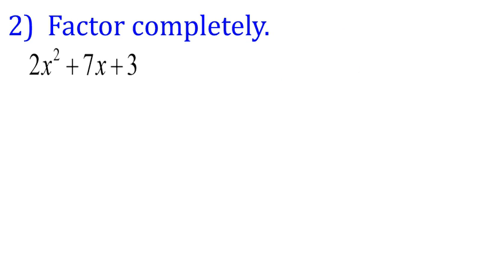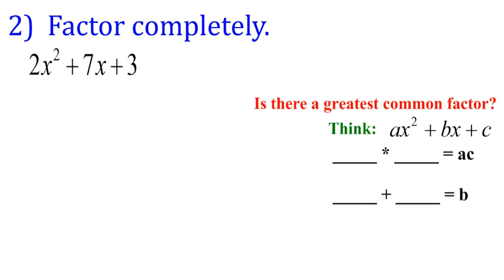Here we're trying to factor 2x squared plus 7x plus 3. Again, the steps that we want to go through haven't changed. We take a look at our polynomial and ask ourselves, is there a greatest common factor? In this case, there is not. Then we're going to think about our product sum rule. What times what gives us 6, and what plus what gives us 7.